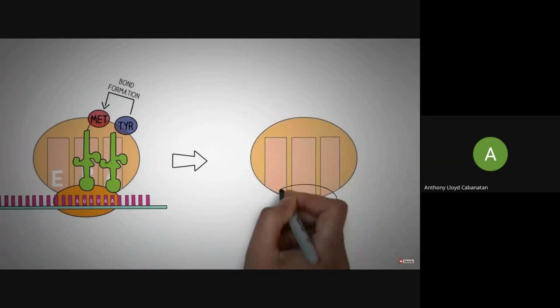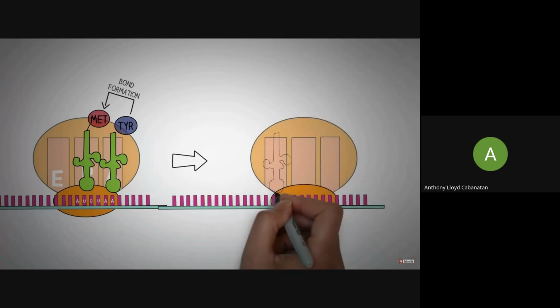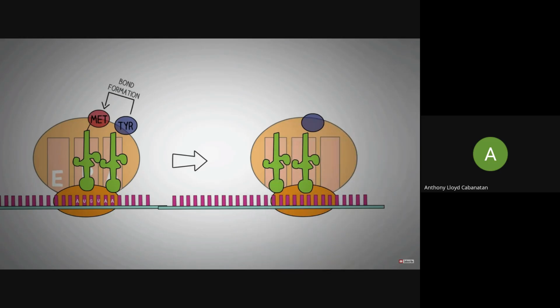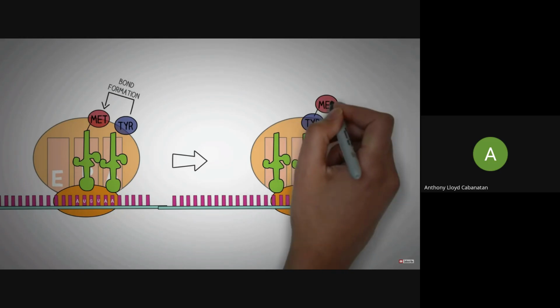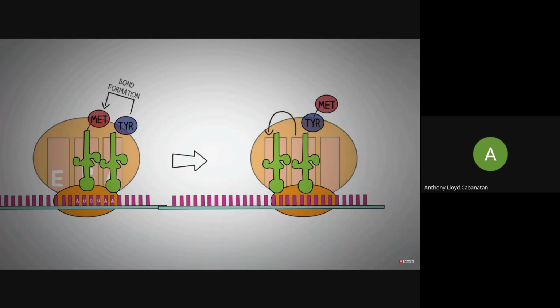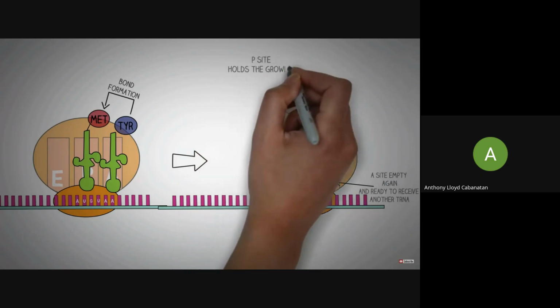After this, the tRNA in the P site loses its amino acid and becomes empty, after which the ribosome moves, and now you can see that the tRNA in the P site moves to the E site, which is the exit site, and the tRNA in the A site moves into the P site. The A site thus becomes empty and ready to receive the next tRNA. So the P site always holds the growing polypeptide chain.